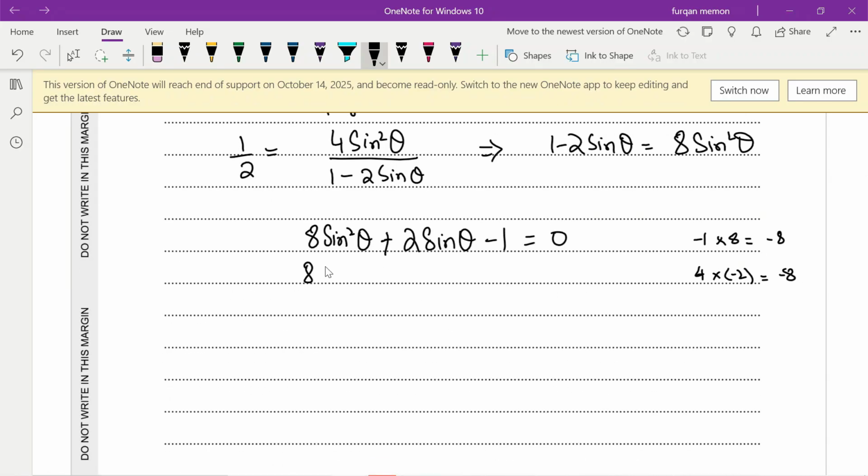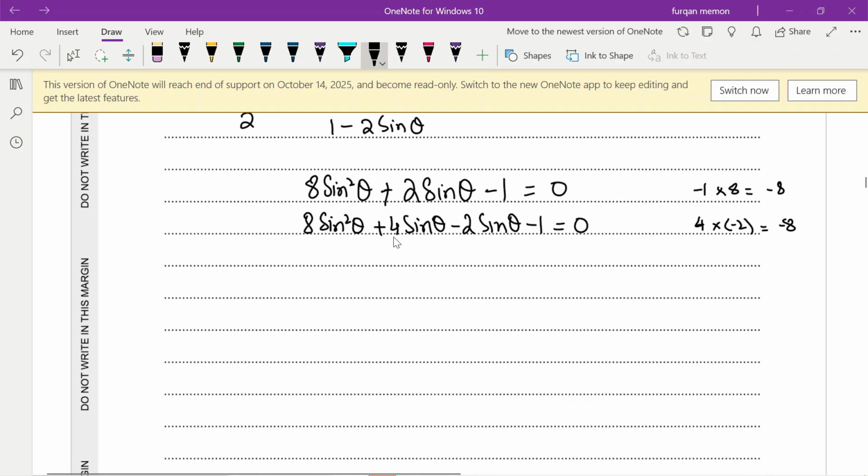So 8 sine squared theta plus 4 sine theta minus 2 sine theta minus 1 equals 0. If we take 4 sine theta common from the first two terms, it will be 4 sine theta times 2 sine theta plus 1, and if we take negative 1 common, then it will be 2 sine theta plus 1.